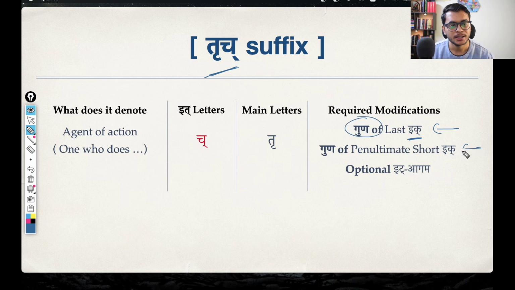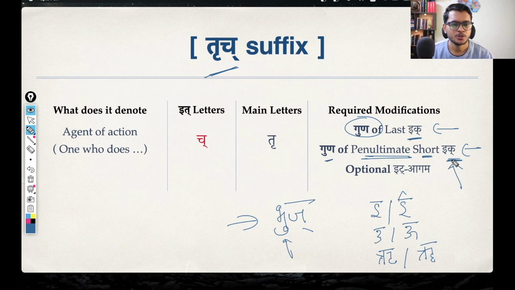And it is also saying that the guna of penultimate short ik will happen. Penultimate basically means the second last. So for example, in this dhatu, bhuj dhatu, this u is the second last, right? So the guna of penultimate and short ik. So this ik pratyahara represents i, u, and ri. Okay, it also represents li. We are not taking it because we don't encounter it in Sanskrit texts. But the rule is saying guna of penultimate short ik.